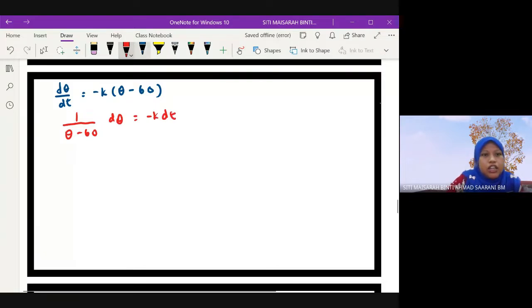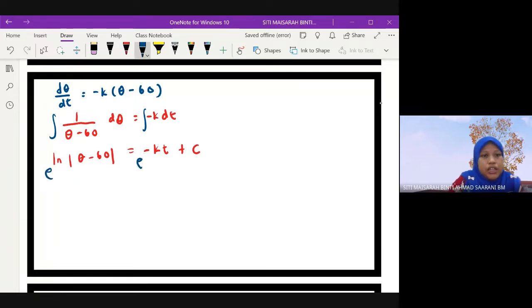So we integrate both sides. We get ln (theta minus 60) equals negative K t plus C. And then to remove the ln, we take E of both sides.